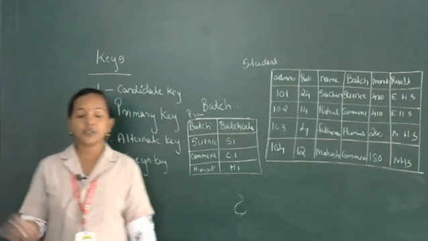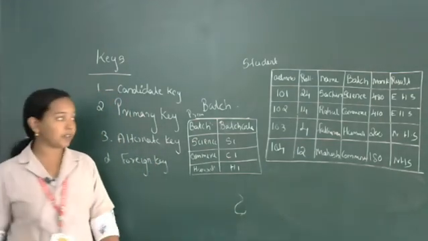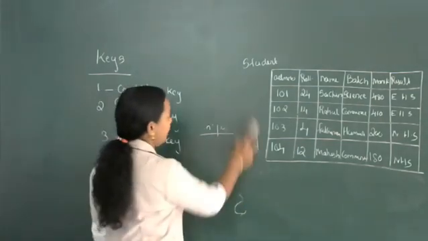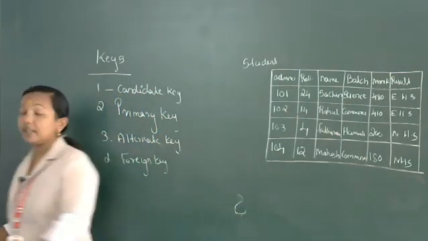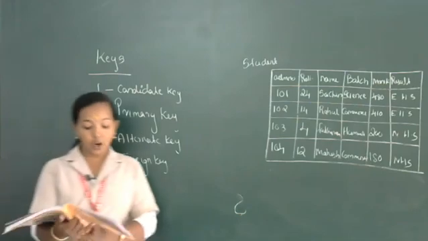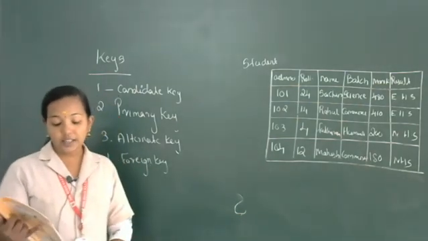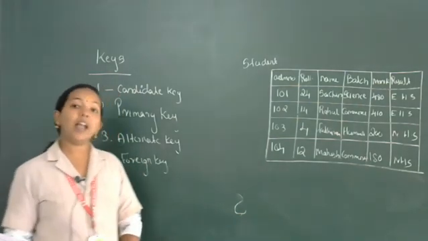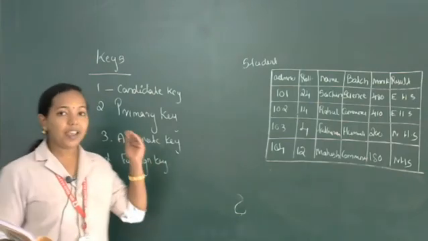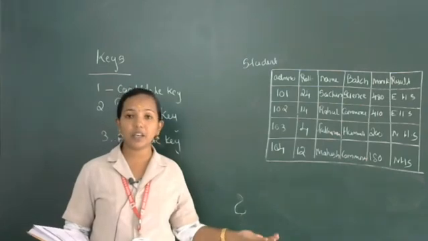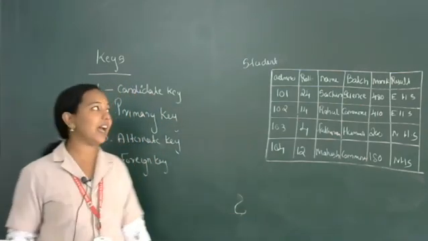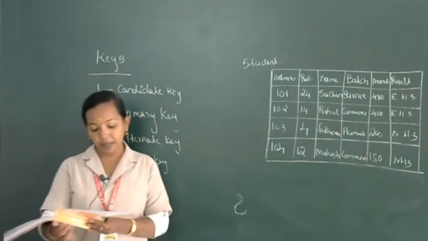Okay. In your textbook also one suitable example is present showing how we are interconnecting two tables. Okay, so what is foreign key? A key is called foreign key if it is a primary key in another table.